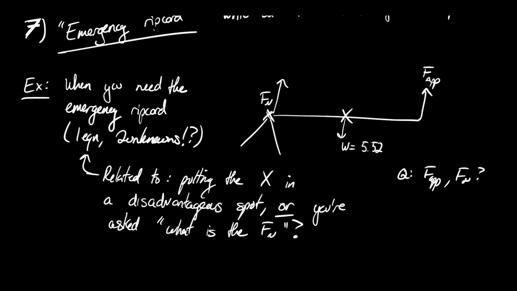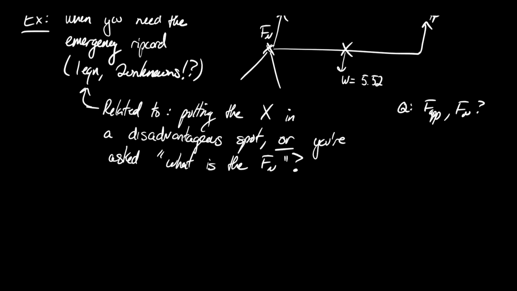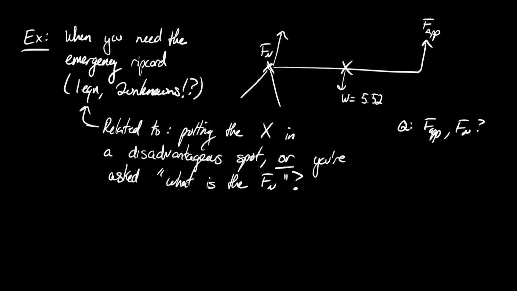Okay? Well, we put the x in the middle, and we've already broken up anything diagonal, so it's time to write out our counterclockwise torques equals clockwise torques. With respect to this new center here, this is trying to make it turn counterclockwise, and its lever arm is now only 0.5 meters, right?